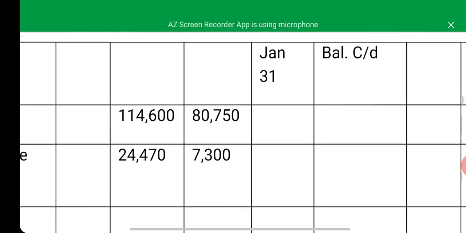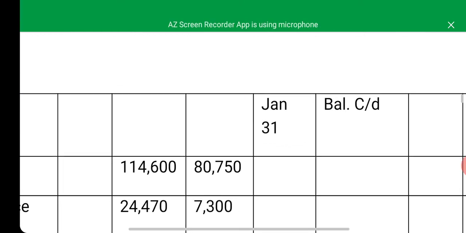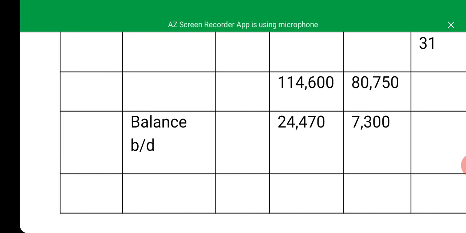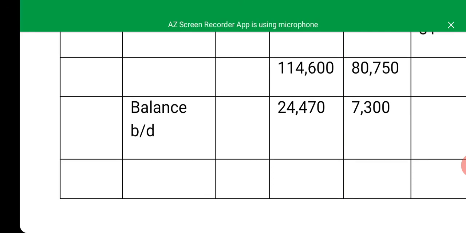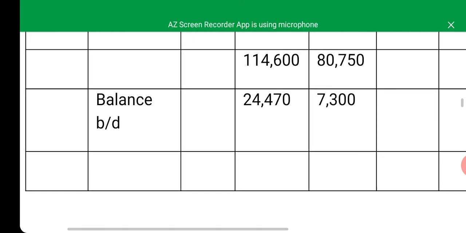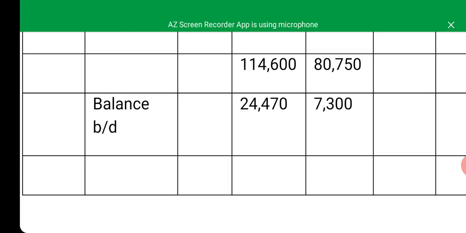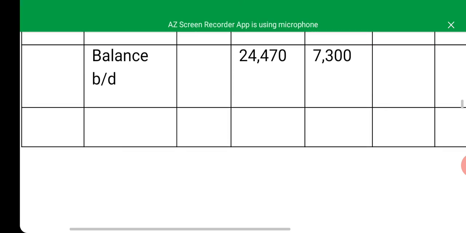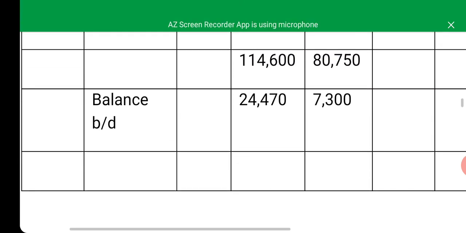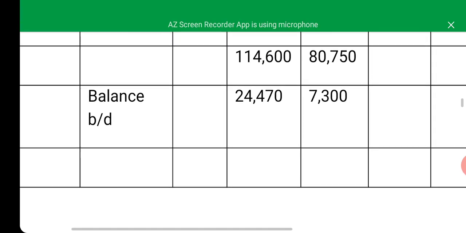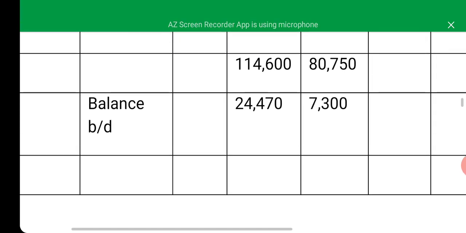So the balance carried down this month, January 31st, becomes the balance brought down on February 1st. And the balance brought down for cash is 24,470, and the balance brought down for bank is 7,300. With this, we have done the necessary posting that's supposed to be done as regards the question.